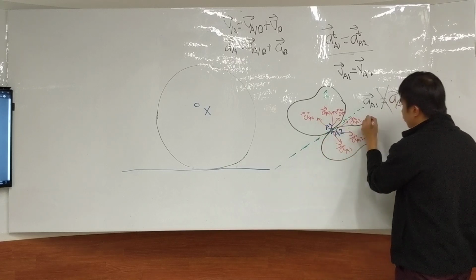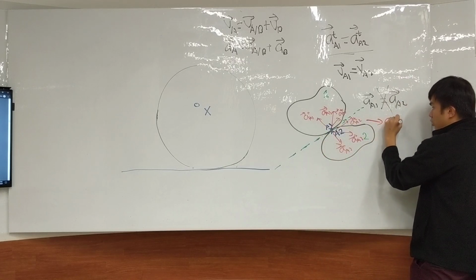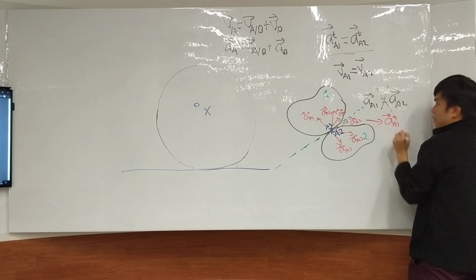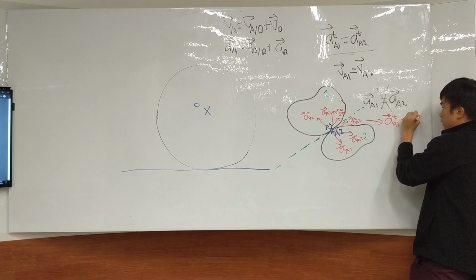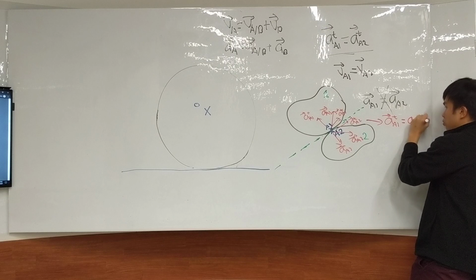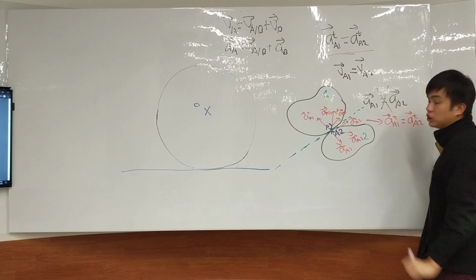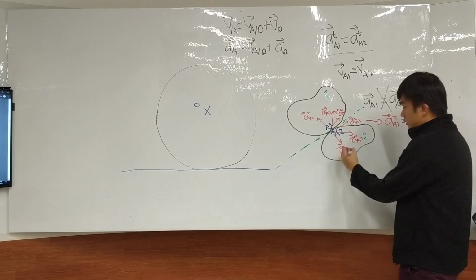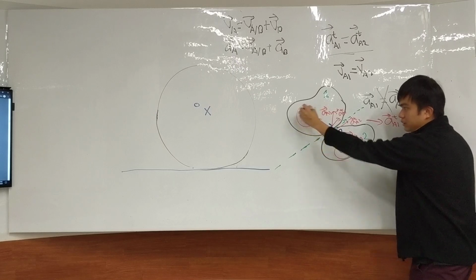According to the formula, acceleration of A1 tangential must always be equal to acceleration of A2 tangential. This doesn't have to be equal to this.